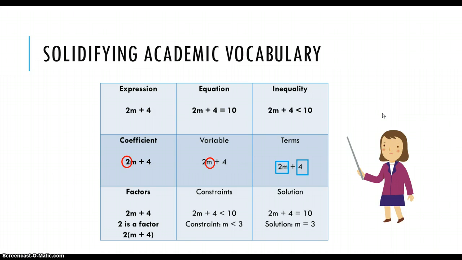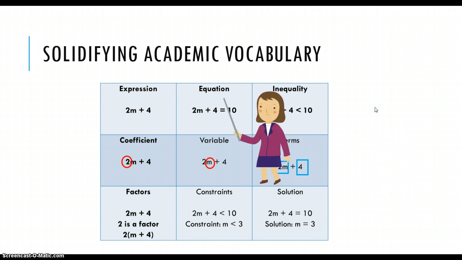This chart can also be used to solidify academic vocabulary. Have this chart viewable throughout the lessons, throughout the unit, and anytime you use one of the words in an explanation or a student uses one of the words in an explanation, point to that word.